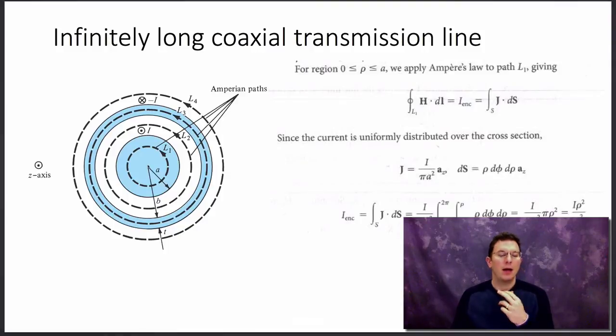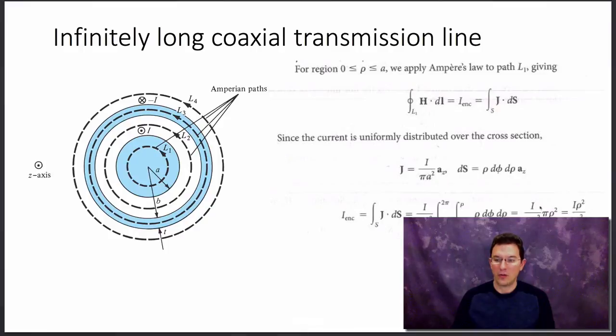You can sort of argue from units here in this way. If you have I amps that's distributed evenly over a circular area of radius a, then the electric current density, amps per meter squared, or amps per area, is going to be I divided by the area of this circle, pi a squared. That's all they've done right here.